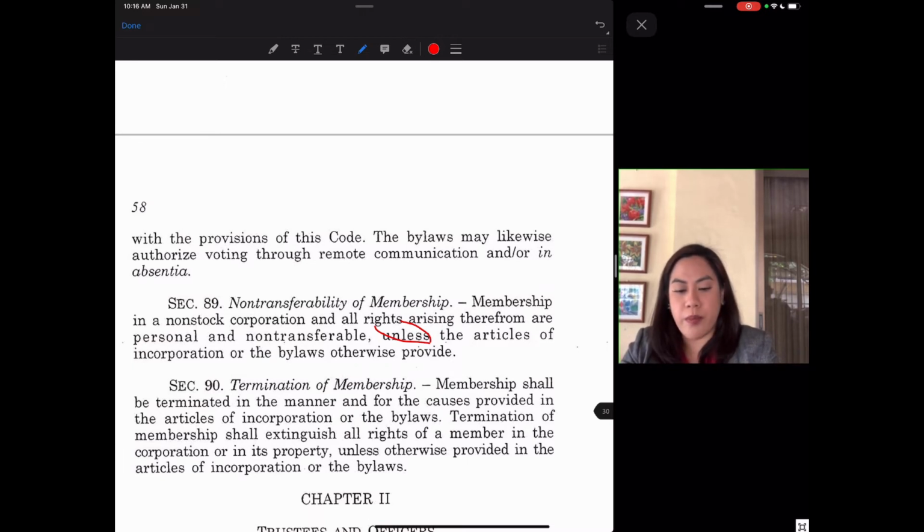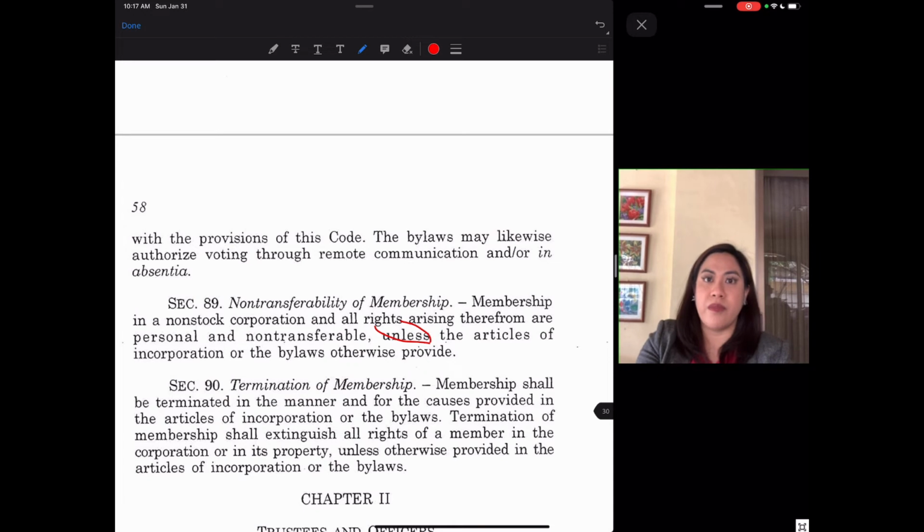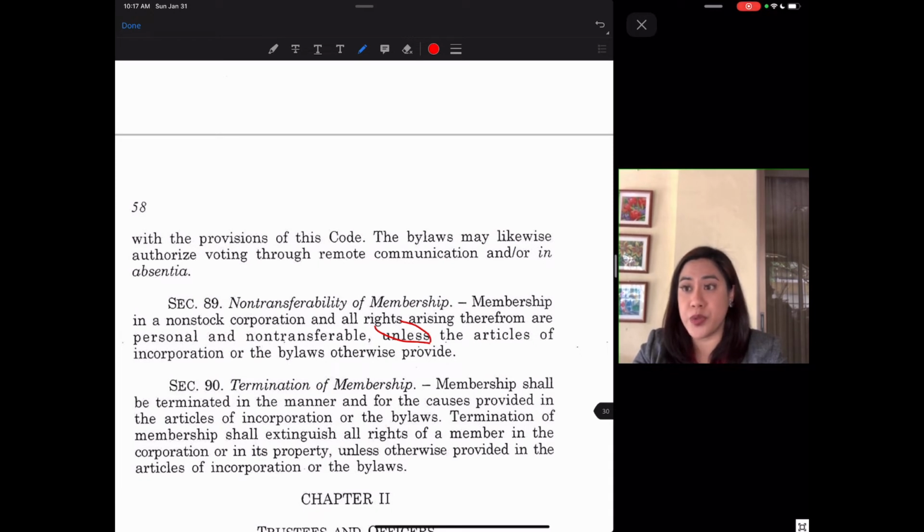In non-stock corporations where the purchase of shares is a condition to membership, the articles or bylaws may provide that unpaid dues shall constitute a lien on the member's share. What does it mean? That your membership will be a collateral for the membership dues, which are usually annual.